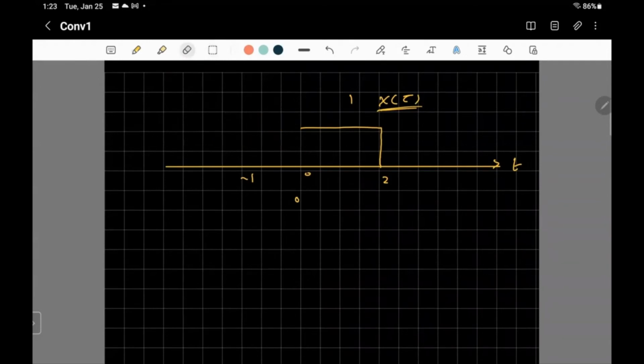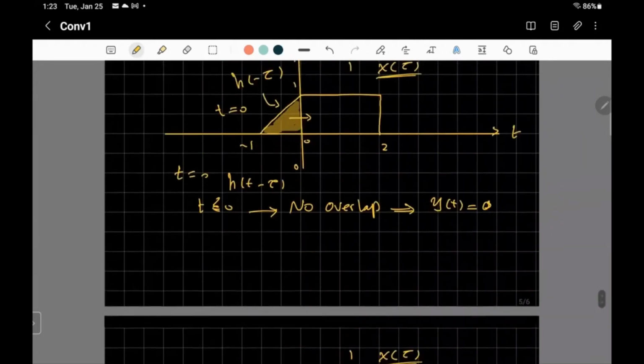So the first thing, that's x of t. It was here, so I move it a little bit. T. What do you mean by t? Well, you go back here.